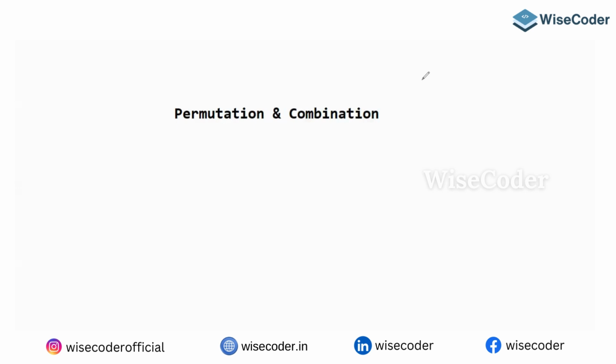So please decide after reading the question whether this question is an application of arrangement or selection, which means an application of permutation or combination. Once you know that, the job is very easy.